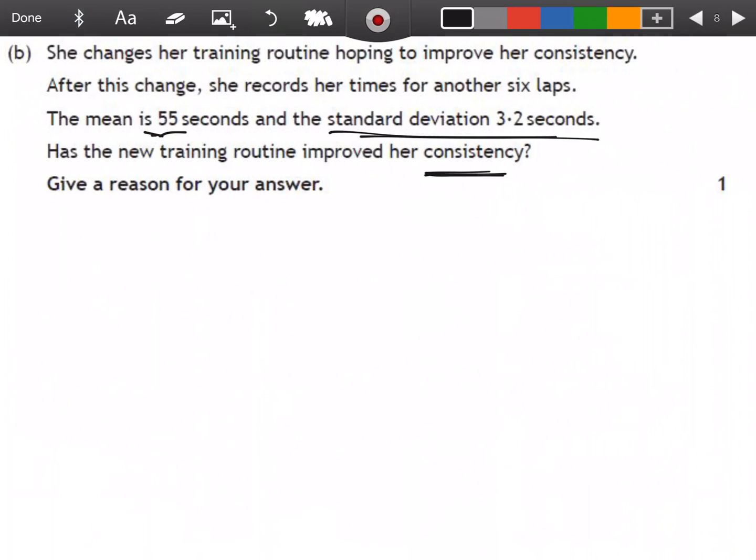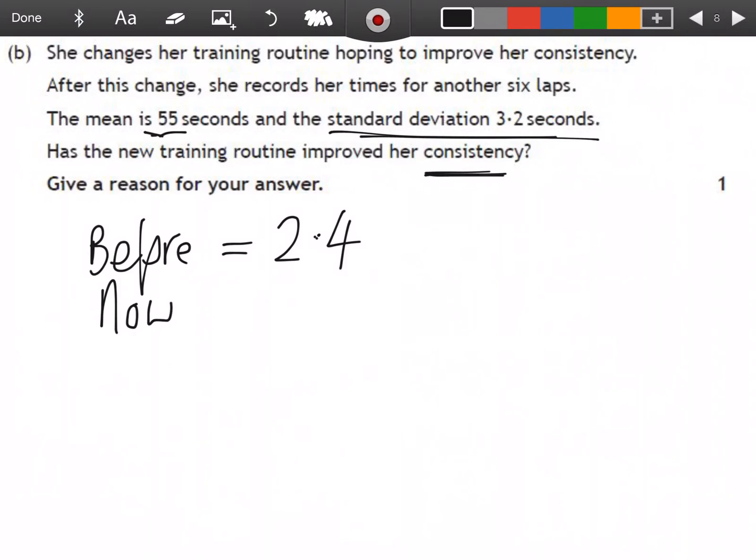Okay, so before the training, she changed to this new programme. Before the training, it was 2.4, something like that, 2.43. Now it's telling us she's changed her programme. She's hoping to obviously do a bit better to improve how consistent she is. It's now 3.2.